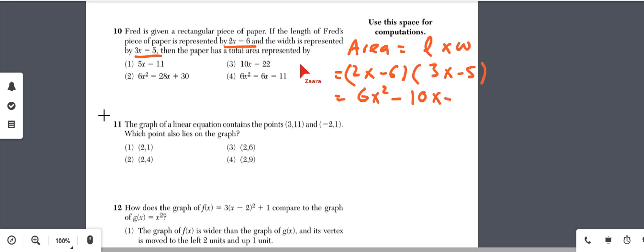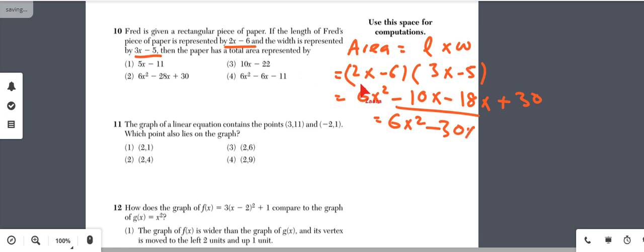Negative 6 times 3x will become negative 18x. And negative 6 and negative 5, when you times them, it is 30. So when you add them, you will get 6x squared minus 28x plus 30. Okay, so option 2 is the correct one.